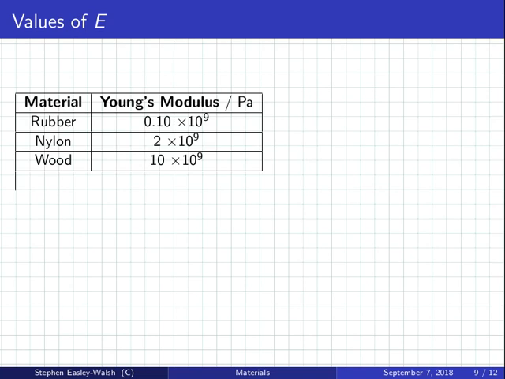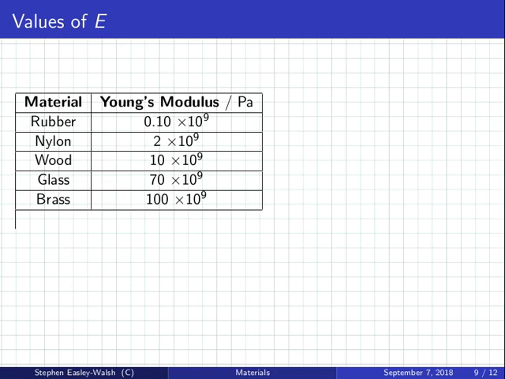Okay, next material is glass. Now you can see we're starting to get much bigger now. Glass obviously isn't that stretchy. Okay, next material. Brass. And then next material, copper.